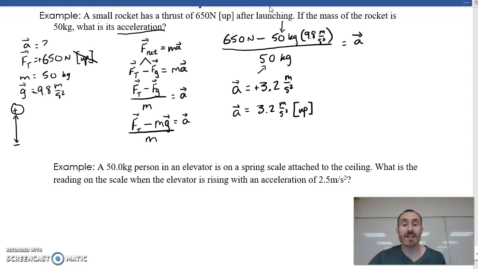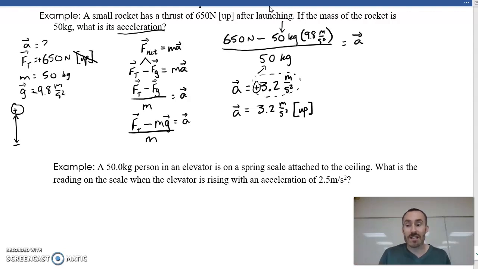Now notice that I didn't just shove an up on this answer over here, because I don't want to mix signs with directions. Often when you have a negative sign in your answer and you shove a direction on the end of it, you've actually done something that you didn't intend to do. So if my answer was negative 3.2 meters per second squared and I went, oh, that means down, then I'd put negative 3.2 meters per second squared down.